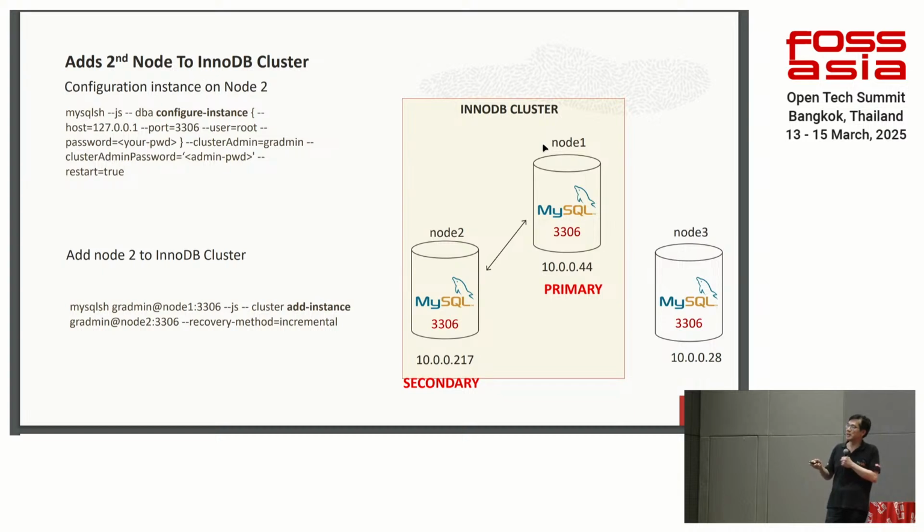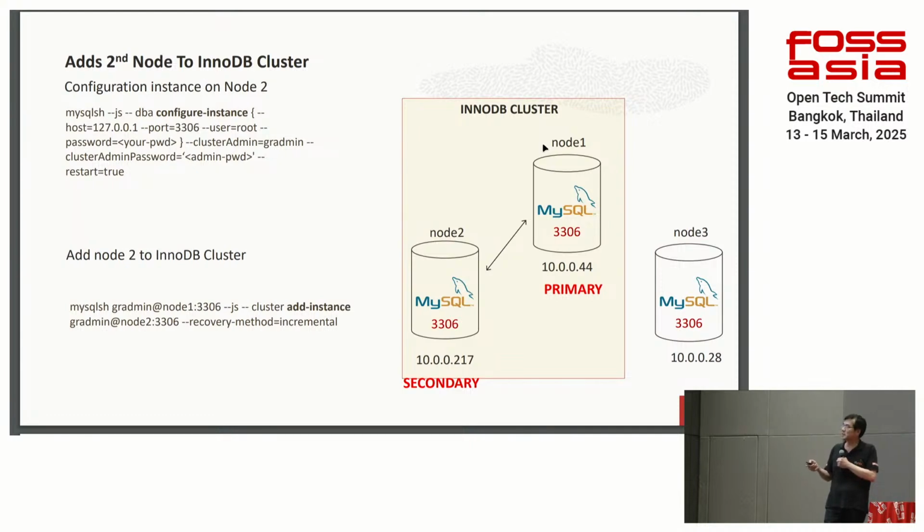We specify where the second node is, and we can also specify how the second node can synchronize with the primary node. We can use clone, or we can do it manually. If we specify clone, the data will automatically be cloned from the primary node to the new node, the second node.